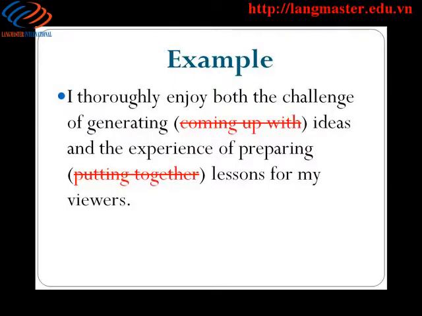I thoroughly enjoy both the challenge of generating ideas and the experience of preparing lessons for my viewers. Do you feel how this statement is more formal? I think that idioms are less common in formal English. So because there are so many idiomatic phrasal verbs, they're more common in everyday English, more informal situations.